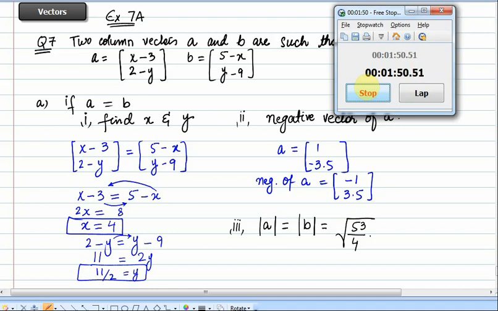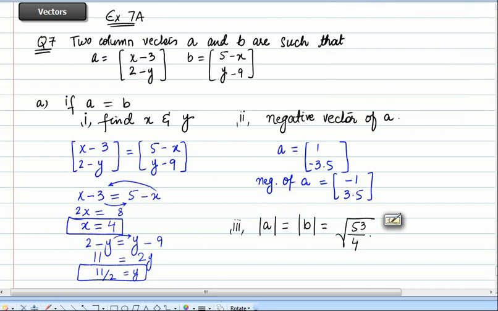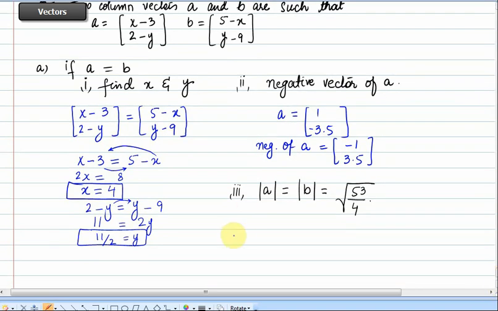Done? Alright. So we need to find the magnitude of A. It will be root of x square plus y square. So x is 1 and y is minus 3.5, or I need to write it in fraction form, so 3.5 is basically 7 upon 2.